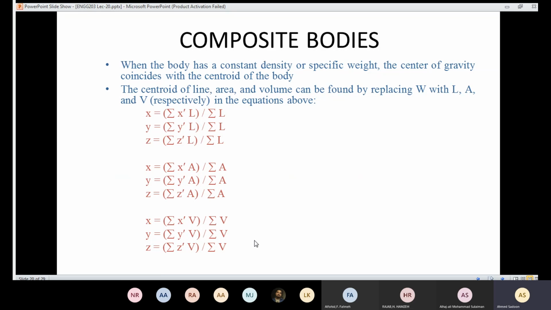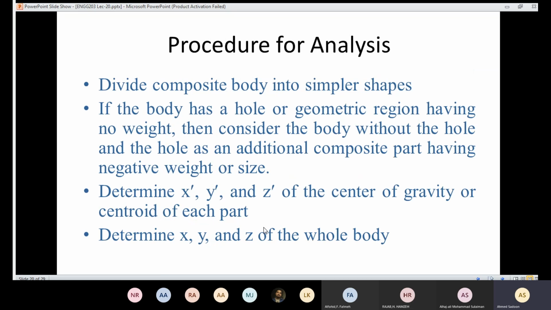So now I'm going to show you the steps in order to determine the centroid for a composite body. First step: we need to divide the composite body into simpler shapes.